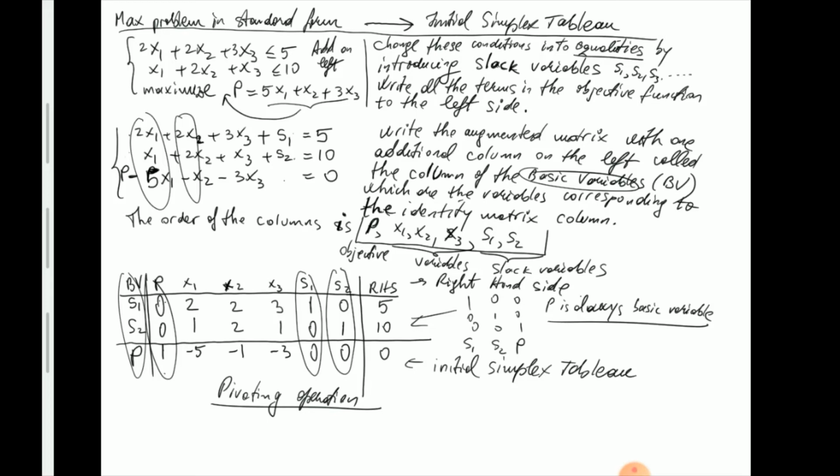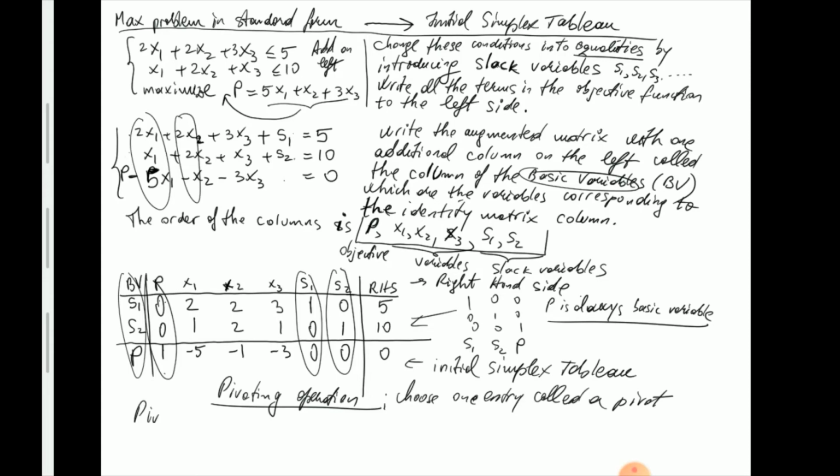It's not going to be a random choice. We will have a specific way to choose it. So one of the entries is going to be a pivot. We're going to choose one entry called a pivot. The way we choose it, again, we're going to see later. And we're going to do the pivoting operation, which consists in the following.